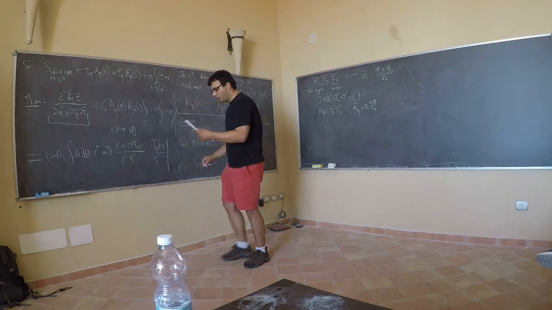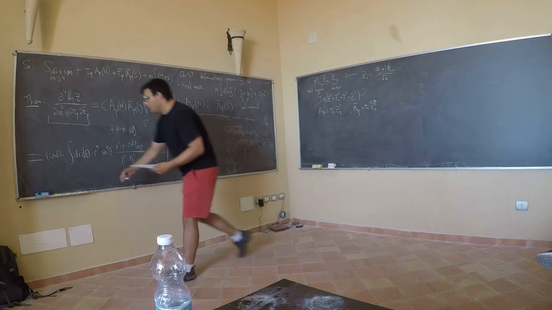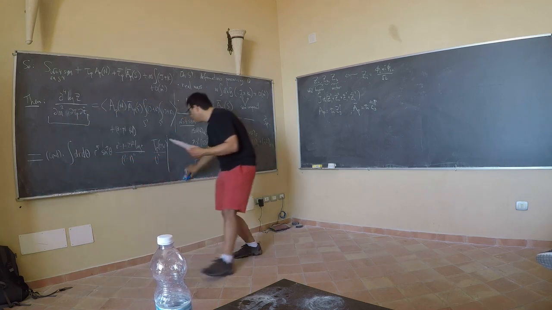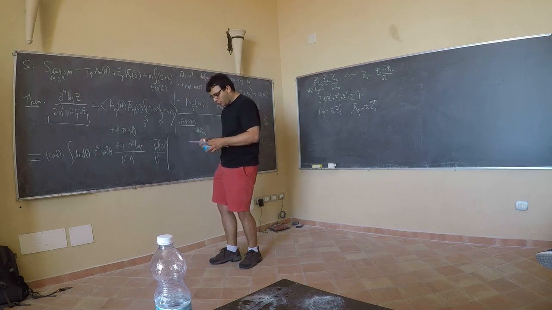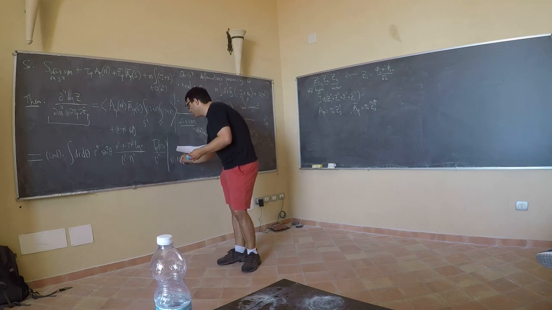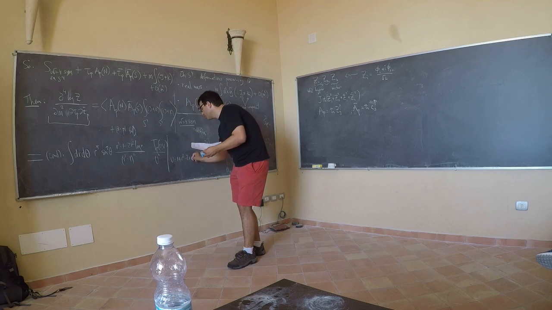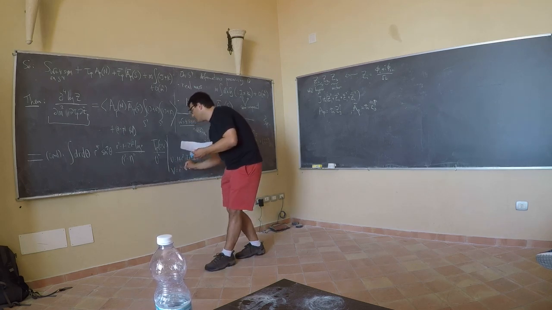And this is evaluated when u is 1 plus r squared minus 2r cosine theta, and v is r squared.